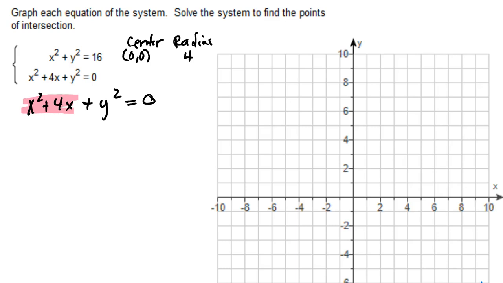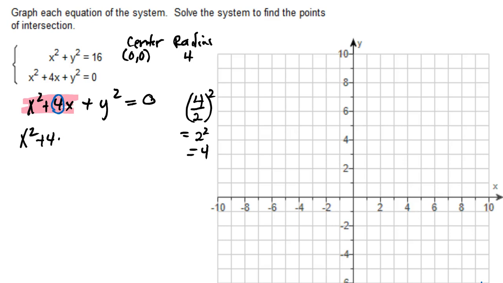So I would start with the coefficient on the x, which is 4, and I'm finding the magic number, 4 over 2 squared. So I started with 4, cut it in half, then I want to square it, so that gives me 2 squared, which is 4.